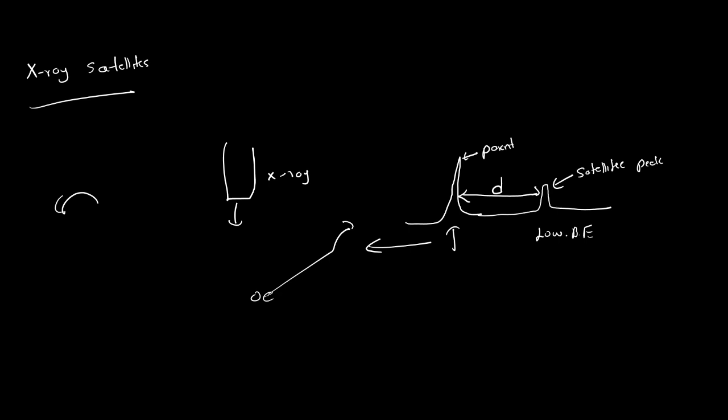There's no constant value. But in this case, the parent peak and the satellite peak have a constant distance. This distance wholly depends on your X-ray source. You change your X-ray source, you can change this distance. So sometimes you will see this small satellite peak, and you don't need to be bothered about it.